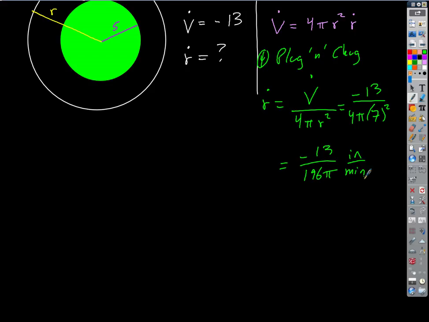The wording says, how fast is it decreasing, right? If they're already saying it's getting smaller, what's the rate at which that's happening? So that answer is actually supposed to be positive. It'd be like asking, how fast is a car decelerating?